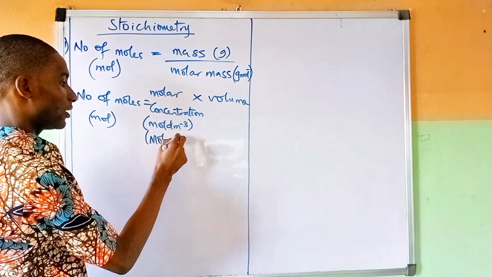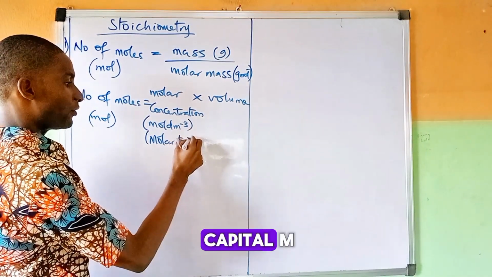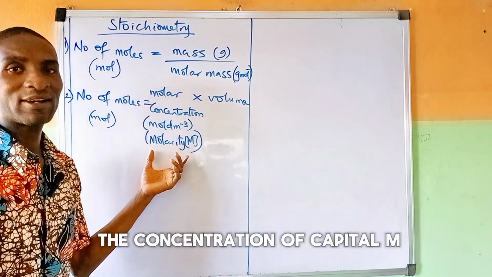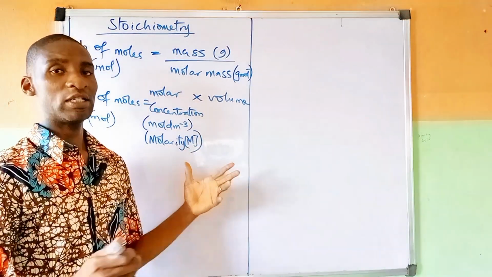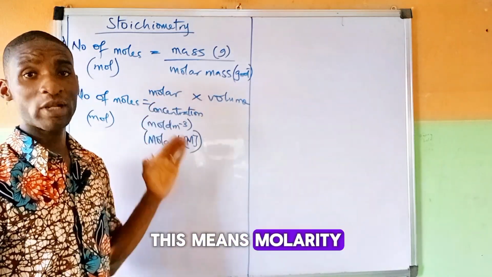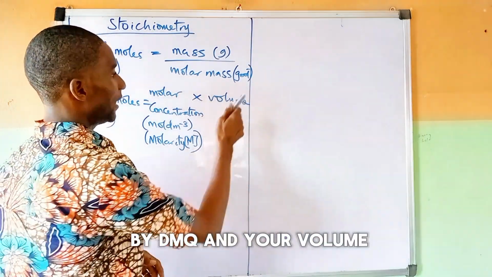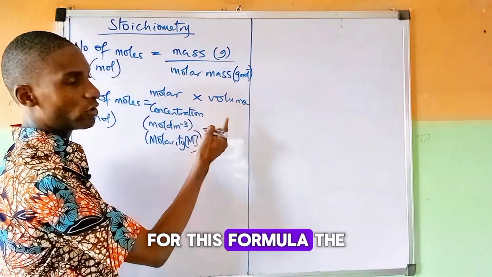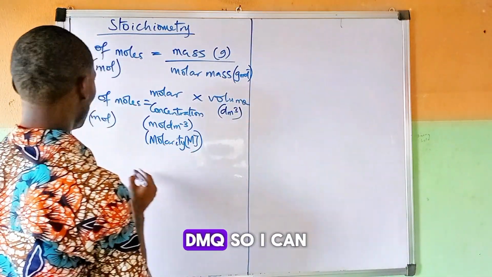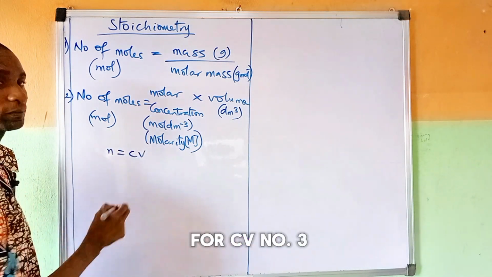Molarity is another name for molar concentration, and the symbol is capital M. So you will see some questions where you'll be given the concentration as capital M. The meaning of that capital M, molar, is molarity, which is the same as the concentration in mole per dm³. And your volume for this formula has to be in dm³. So I can summarize this formula as n equals CV.